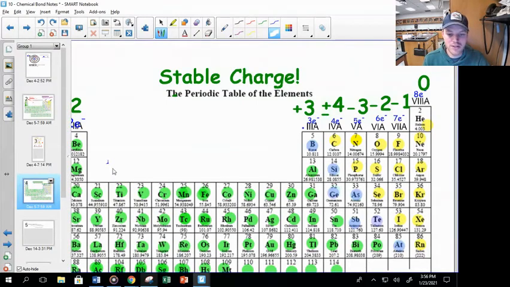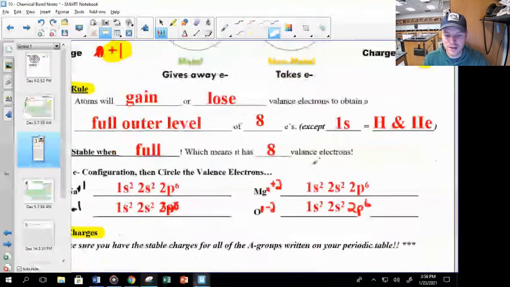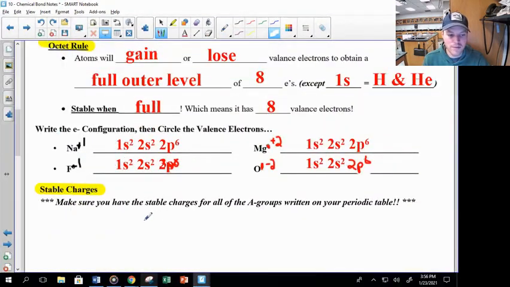But you'll also notice that other elements, when they become stable, like your 4 elements down here, they all ended up with a noble gas configuration. Look, 1s2, 2s2, 2p6. For a neutral atom, that's neon, but that could also be a stable +1 sodium. Or it could be a stable +2 magnesium. Or it could be a stable -2 oxygen.